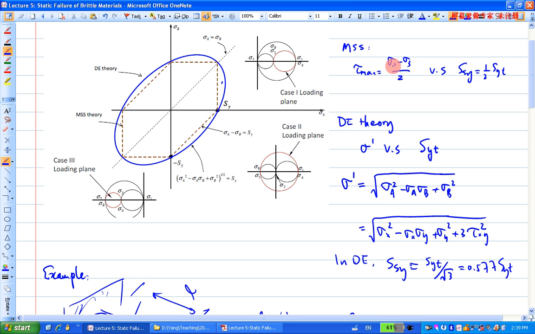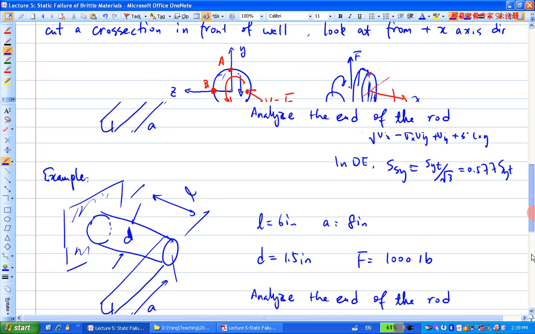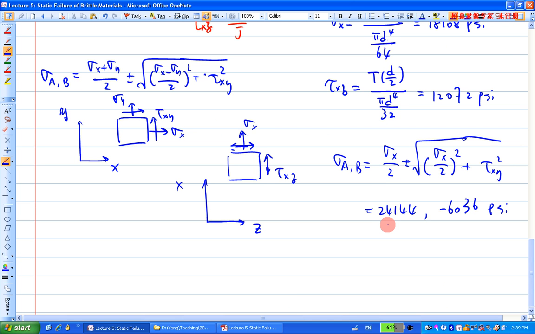So the question is, what's sigma 1 here? What's sigma 3 here? So you look at this one here. How do I know what's sigma 1, what's sigma 3? Sigma 1 is what? Sigma 3 is what? If you're not too sure, take a look at the handouts that you have there.